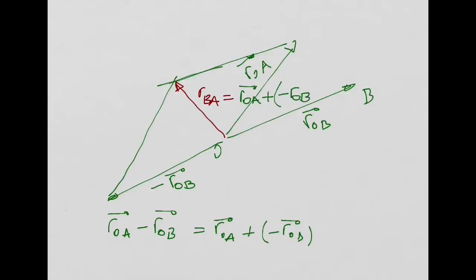Right? So this RBA that you have here in red, don't forget this is my point B, is in fact a vector starting at point B and going to point A, right? Not the other way around. So that was one first question that you asked me during the break.